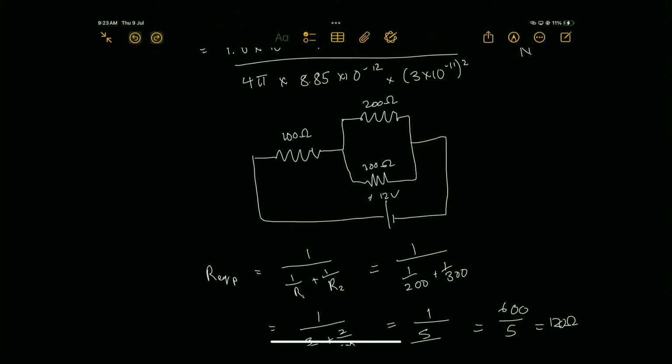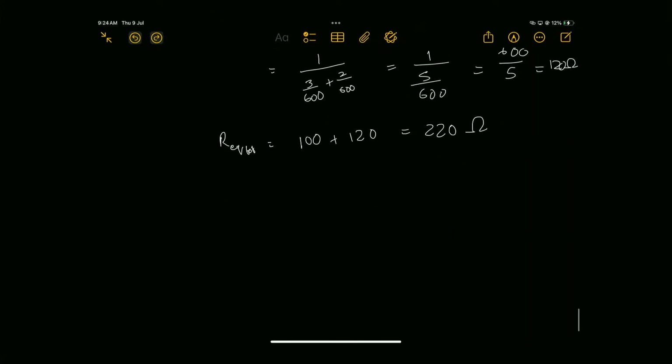In the second part of the question, calculate the current flowing in the 100 ohm resistor. So now we can use Ohm's law, V is equal to IR.